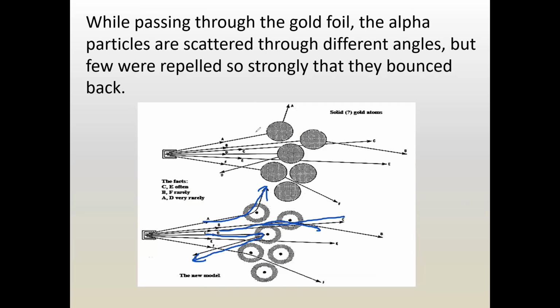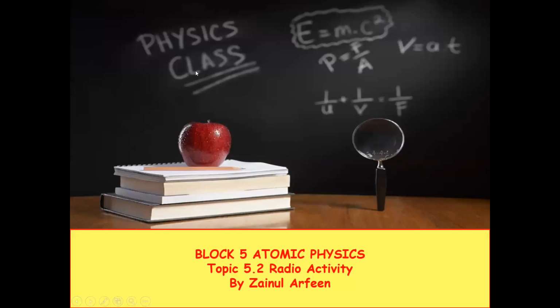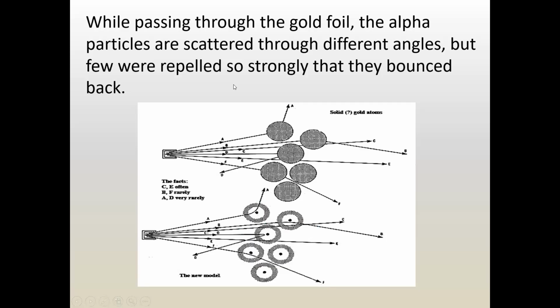So you should be able to complete the path for the alpha particles when they are passing through the nucleus of an atom. So this was topic 5.1, which is about the nuclear atom.